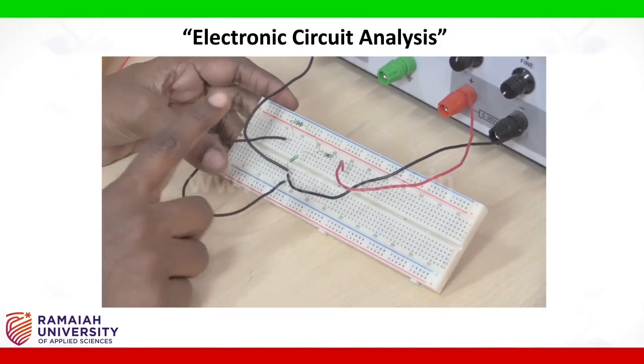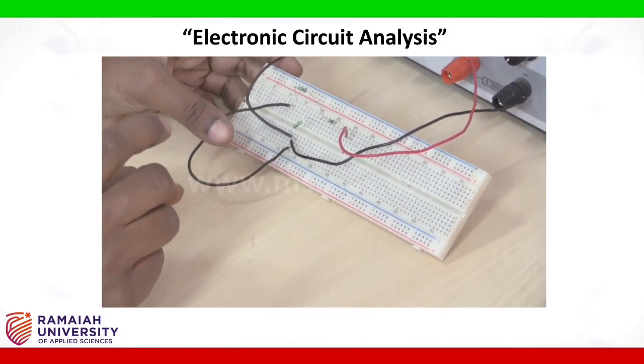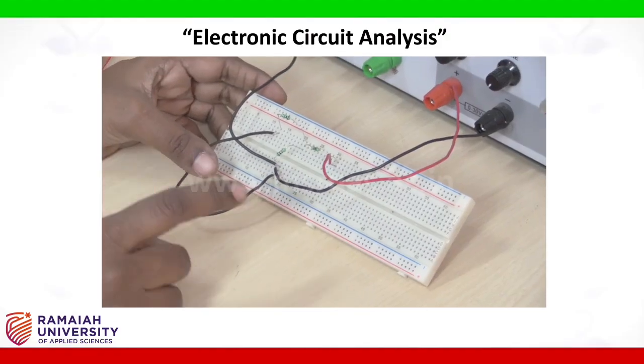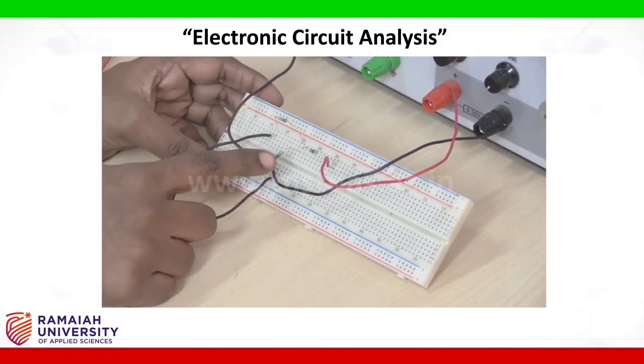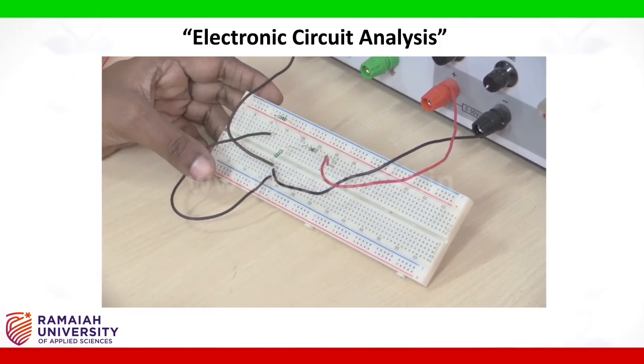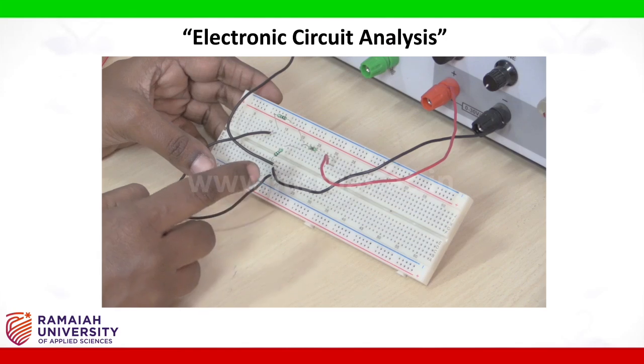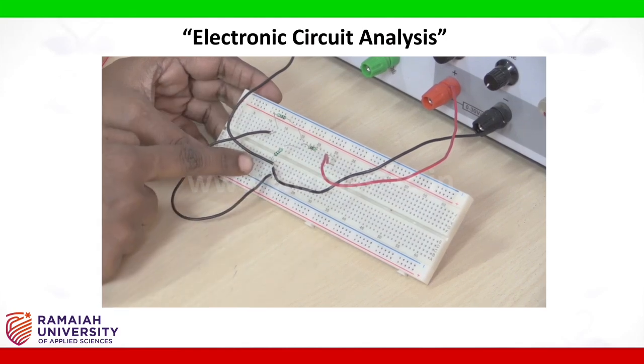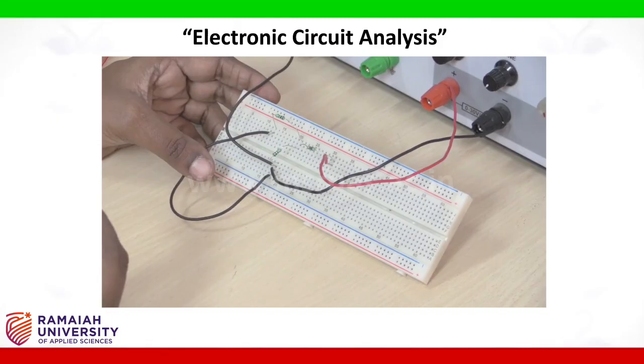So totally we have 3 sets of readings. Set 1, we have currents in 3 resistors when both the sources are present. Second set, we have currents when source 1 is present and source 2 is shorted.